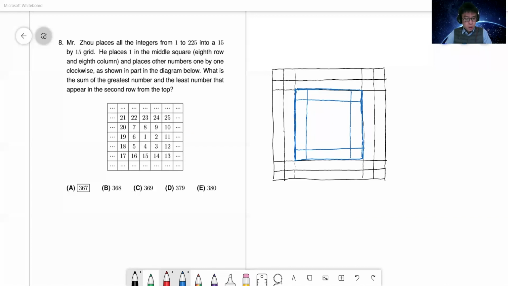Question 8. So we put the numbers from 1 to 225 into a 15 times 15 grid, starting from the center square. Basically, we place numbers in the format of a clockwise spiral. So start from 1, 2, 3 to here.